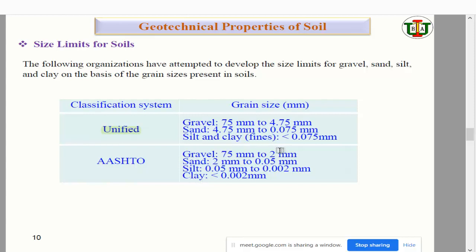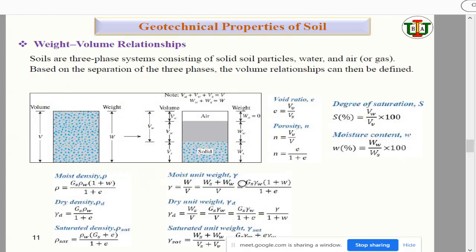I think this is nothing to be memorized, but just to understand, because every time you go for the design of soil or design of foundations, you have this chart, but you should know which chart defines which one. This is actually important for you because mostly you will be using this.